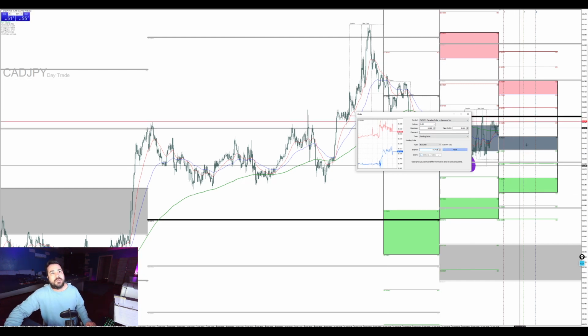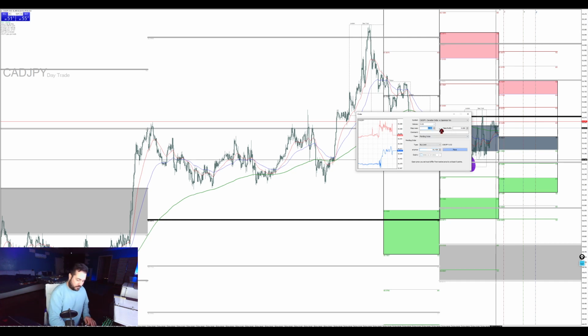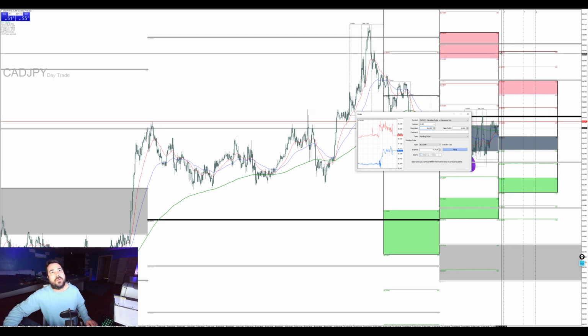And stop loss is going to end up being right down here at 81,297. And our take profit's going to be way up here, 81,946.